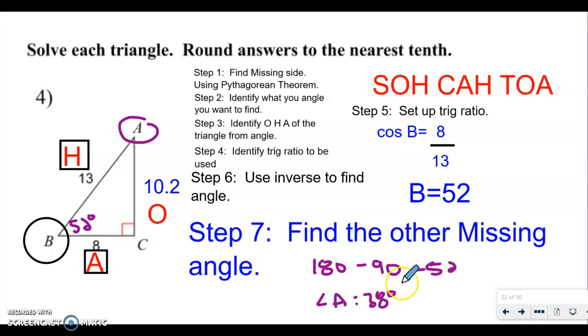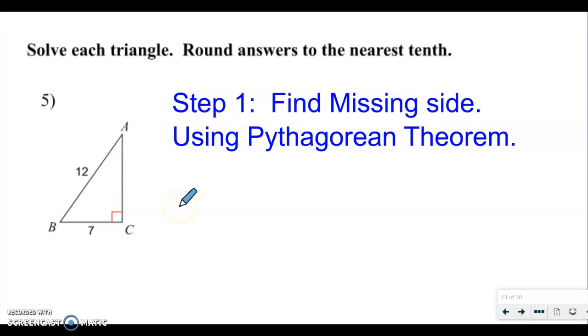Okay? All right. So let's look at this next one here. These are all in your notes, guys, that I shared with you. So the first thing that we're going to do is use the Pythagorean theorem to find the missing side. So 12 squared, this is your hypotenuse, equals 7 squared, and we'll call this x, plus x squared.